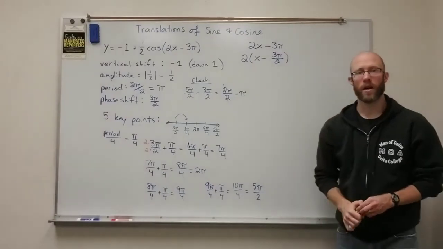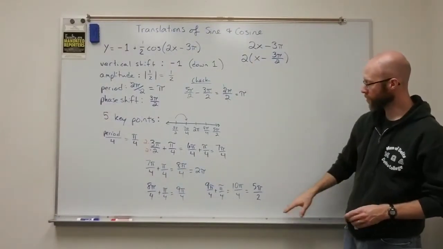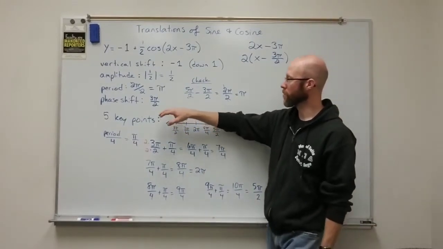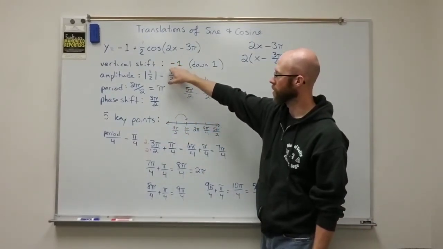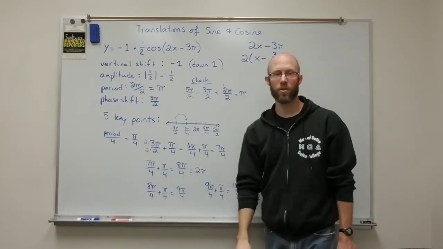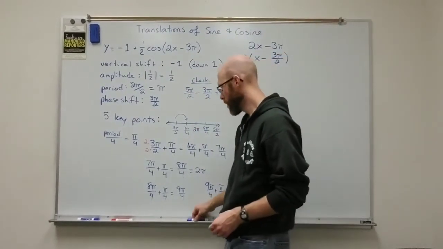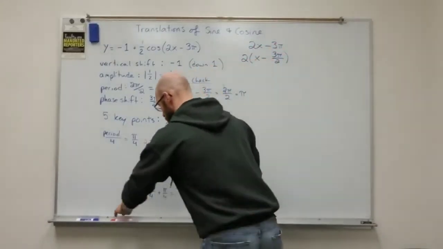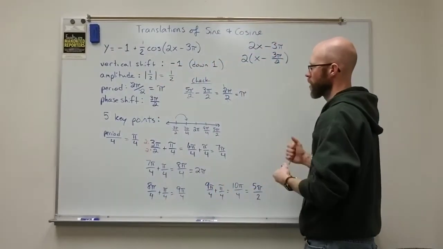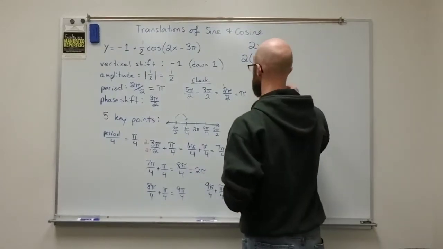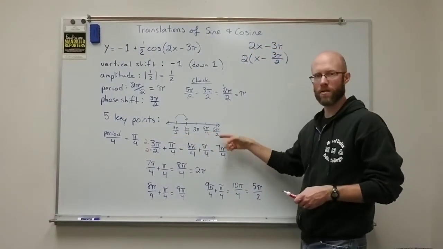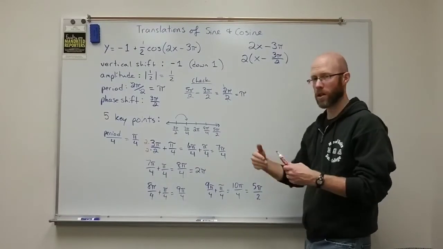All right, so next step is to plot the graph using our 5 key points and the resulting vertical shift and the amplitude factored in as well. So let's see, I'm going to put my axes in red and I'll plot the graph in blue. My x-axis, these are all nice, positive values, so I don't need much on the left.